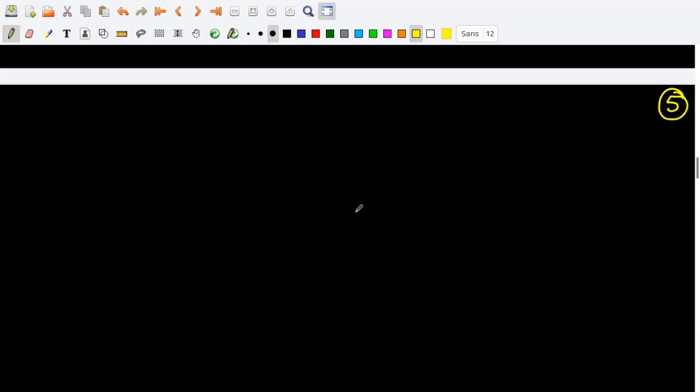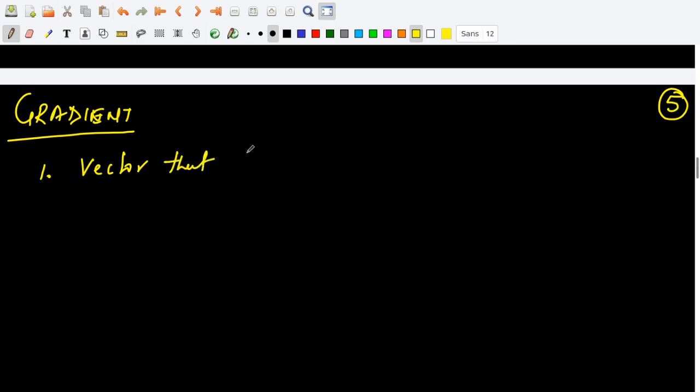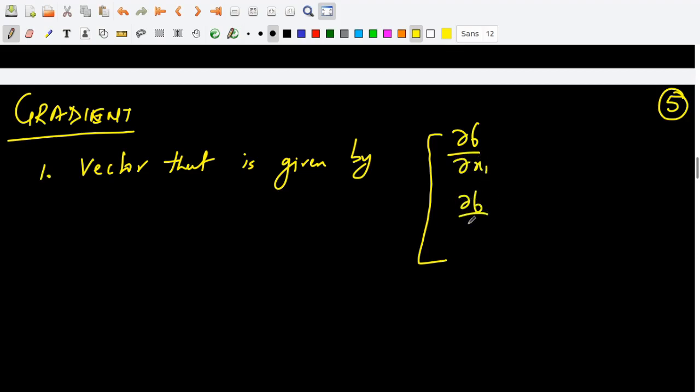So a gradient is a sort of vector that is given by, again this is quite informal, a column vector of partial derivatives of the function at that point.